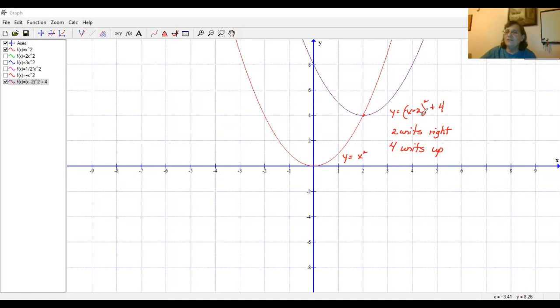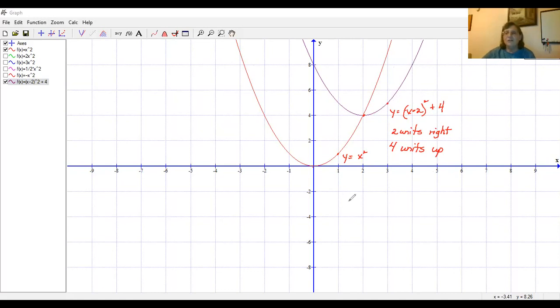So the minus 2, instead of moving it 2 in the negative direction, moves it 2 in the positive direction. Otherwise, it is a perfect replica of y equals x squared, in that here we go over 1, up 1. Here we go over 1, up 1. And if you go over 1 more, it goes up 3.